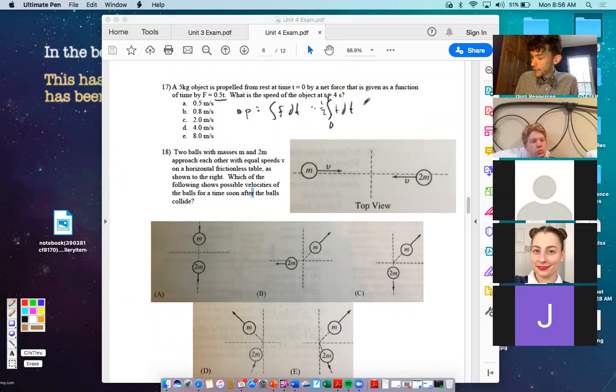And let's see, that gets us 4. That's the change in momentum is 4. And I know that equals mass times change in velocity. It had a velocity of 0 at time 0. So 4 is going to equal 5 times the final velocity. Your answer is going to be 4/5, which is 0.8. So 17 is B.